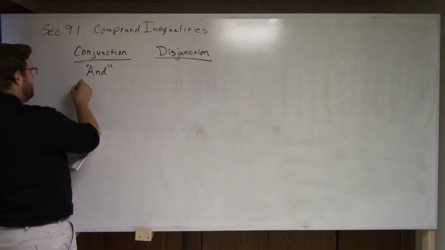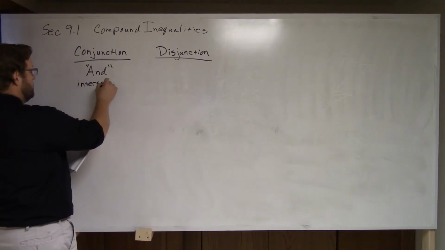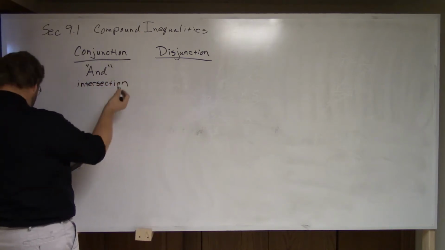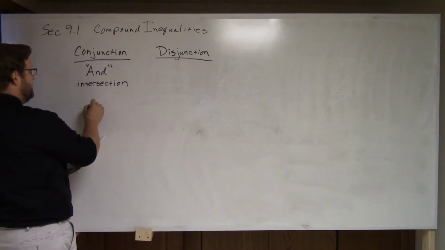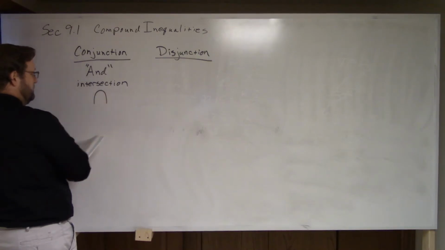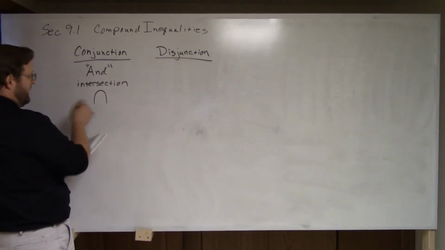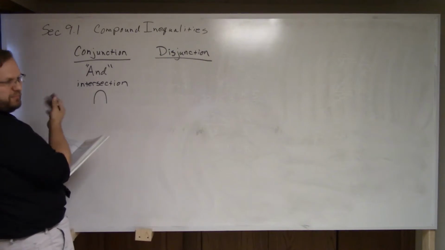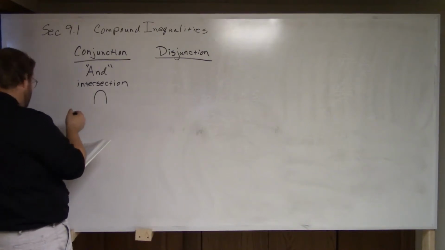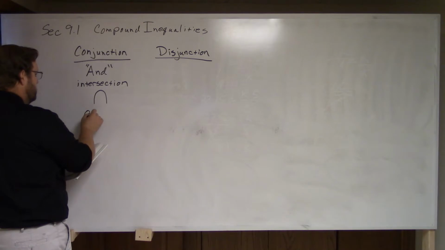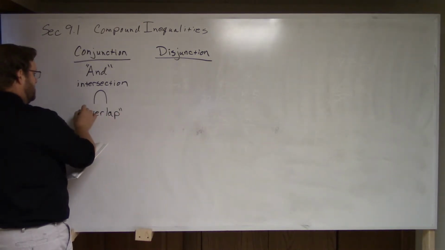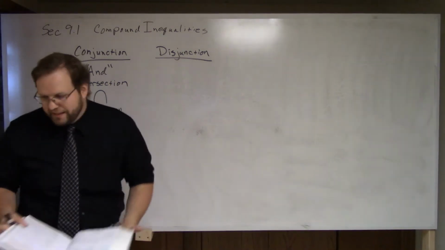We could think of it or call it an intersection. We could symbolize it using this, okay? Or, and I like to think of that like a, so to speak. And then you could also just generally think of this as overlap. Now let me explain that a little bit.